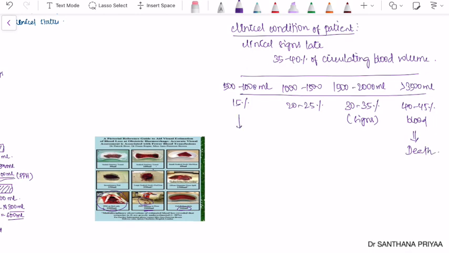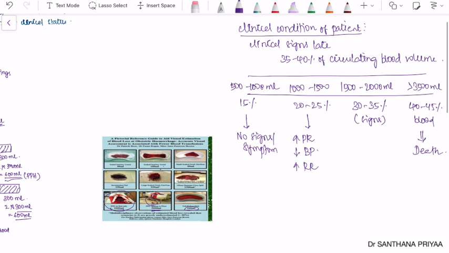Here, when we lose about 500 to 1000 ml, there are no signs and symptoms. If the loss is between 1000 to 1500, then pulse rate will increase, BP will decrease, and respiratory rate will increase.